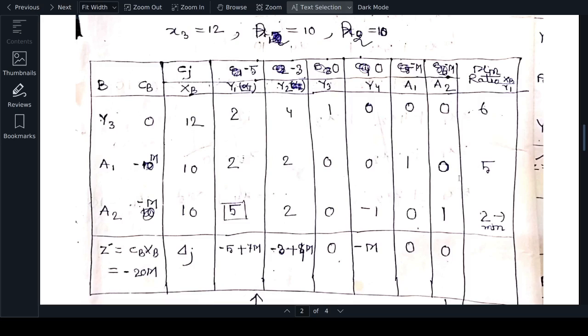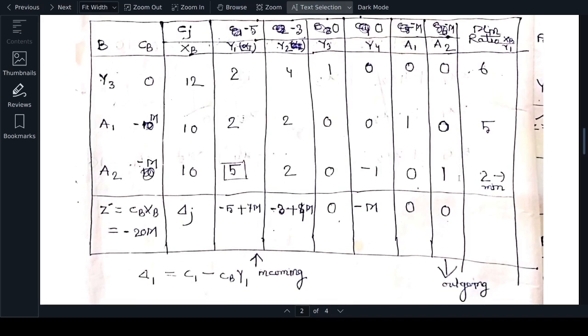So you remember, if an artificial variable is the outgoing vector, then in the next table we will not write this column. We delete it forever. So this line is important, you can write it as a note also. If an artificial variable is the outgoing vector, then we will not write it for the next table.